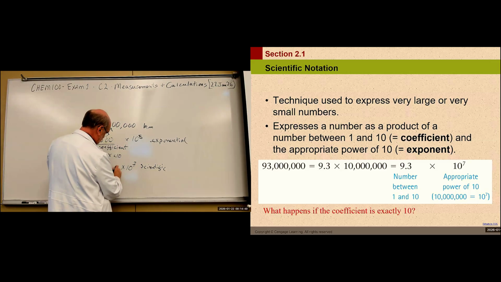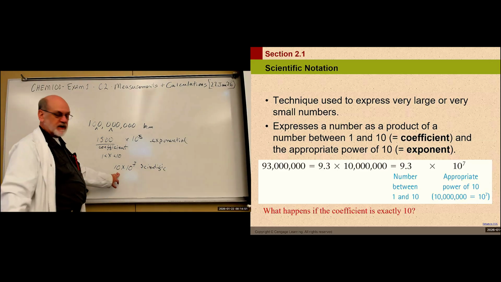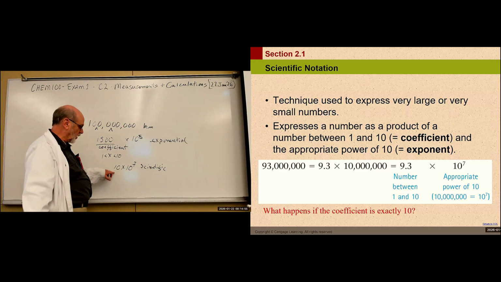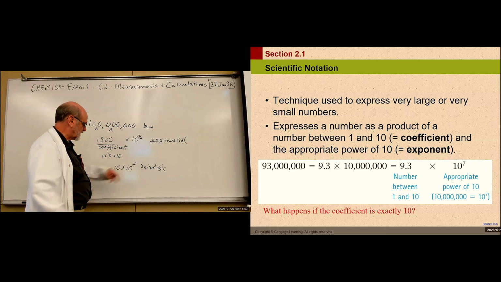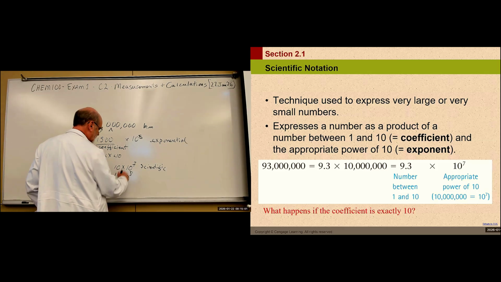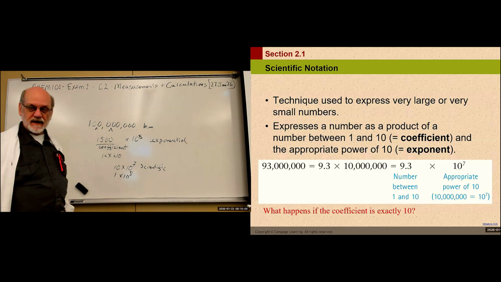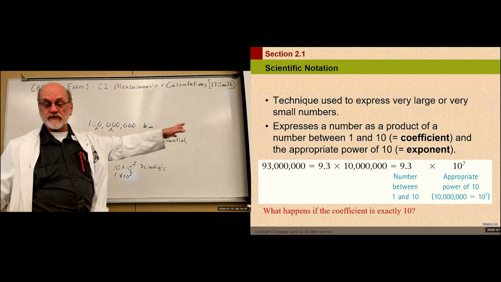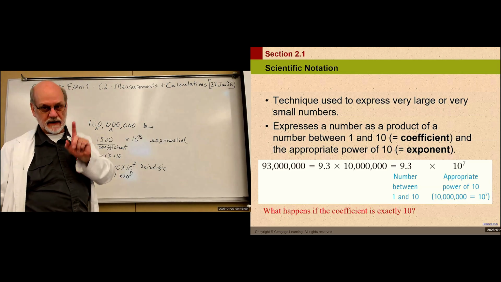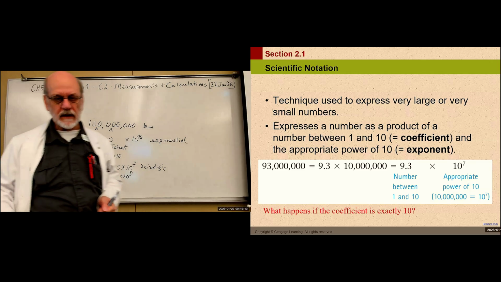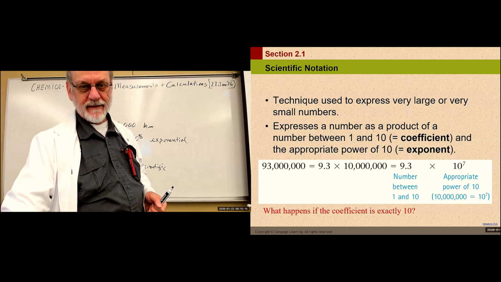And that would make this 10. This number has to be less than 10. So we need to store more information from this one in that location. So we would say 1 times 10 to the 8th. And we're going to talk about why I just threw away those zeros. There's a reason for that, and we're going to get to it. Okay.